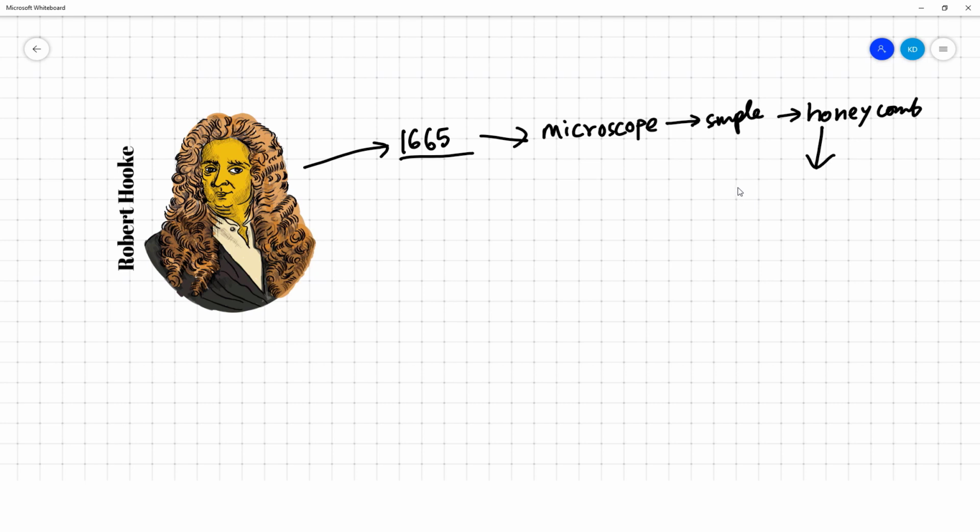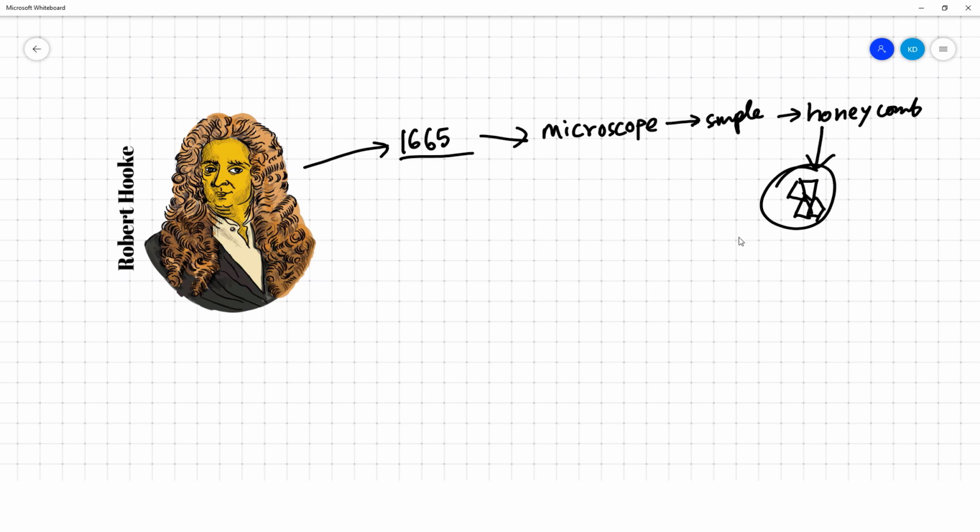Hooke made a drawing of the honeycomb, like this. This is an example.